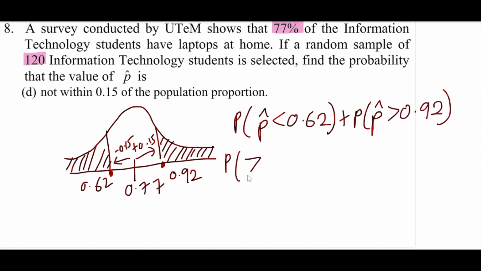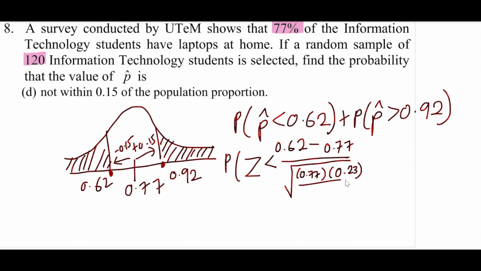Then I would standardize. What's the formula? z equals p hat minus p, so 0.62 minus 0.77, divided by square root of p times q. P is 0.77, q is 1 minus p, so 1 minus 0.77 is 0.23, divided by n, 120.